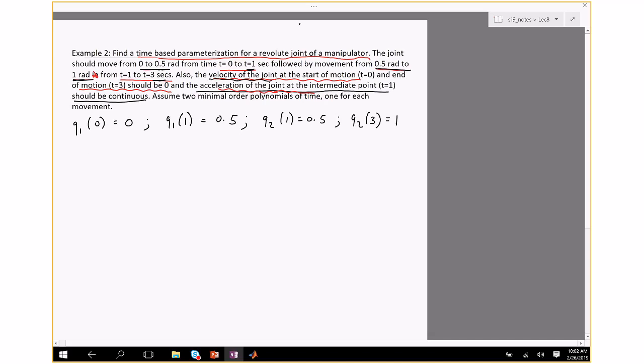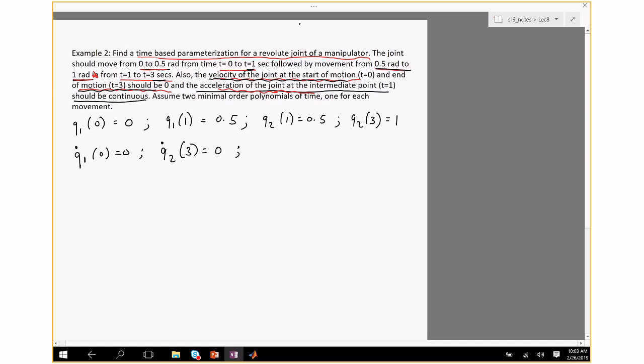The velocity of the joint at the start and end of motion should be 0. So the velocity, which is q1 dot at the start, should be 0. The velocity at the end, so that's represented by q2 dot at 3, should be equal to 0.